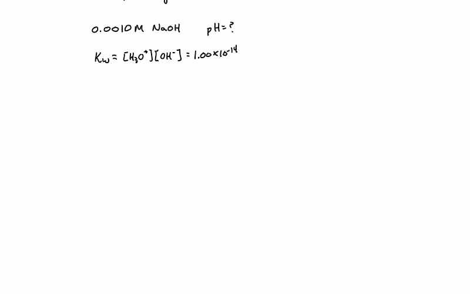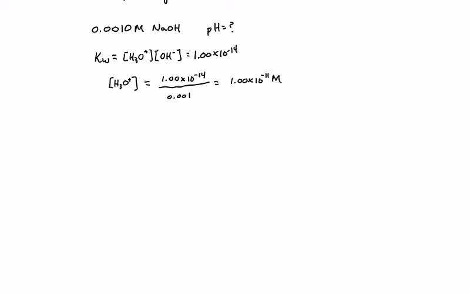Okay, so we can find the hydronium concentration by taking 1.00 times 10 to the negative 14th and dividing that by 0.001, and what we wind up with is 1.00 times 10 to the negative 11th molar.